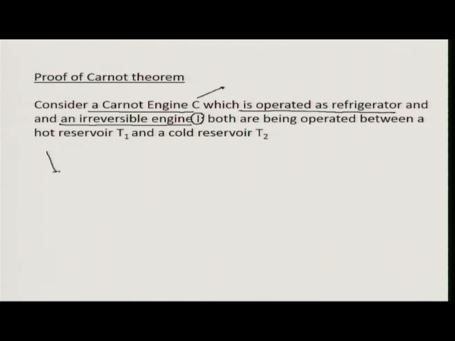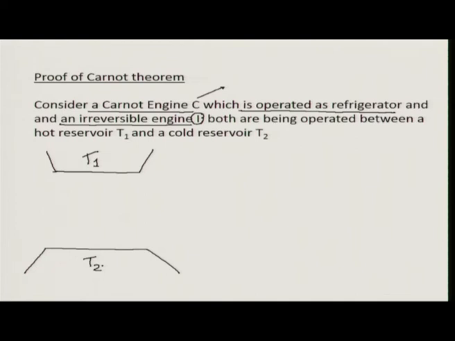Same two reservoirs. This is important because the Carnot theorem always mentions given two reservoirs, that means fixing T1 and T2. If you change the temperature of the reservoirs, the Carnot theorem does not hold true. Or to be precise, you cannot talk about a Carnot engine. Always you have to operate your engine and refrigerators between the same two reservoirs.